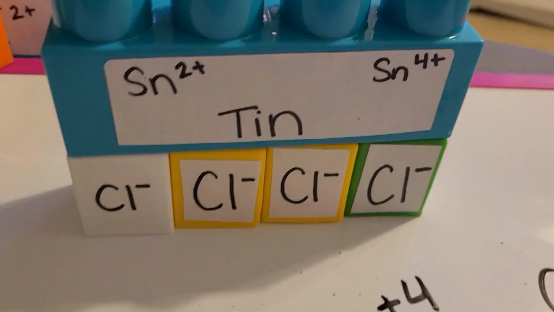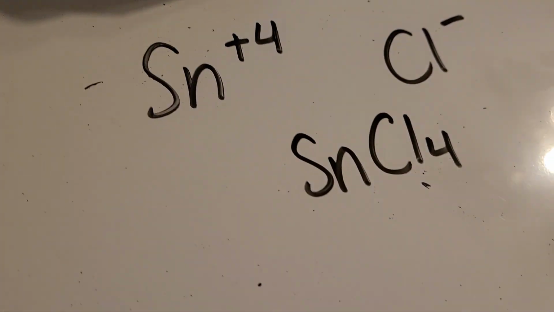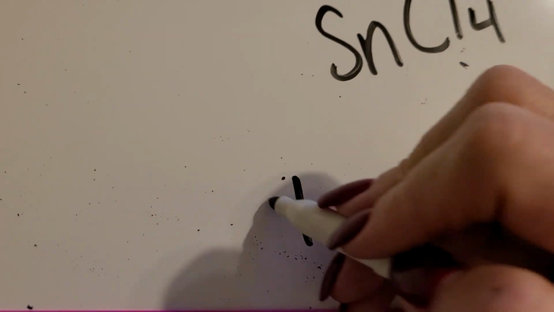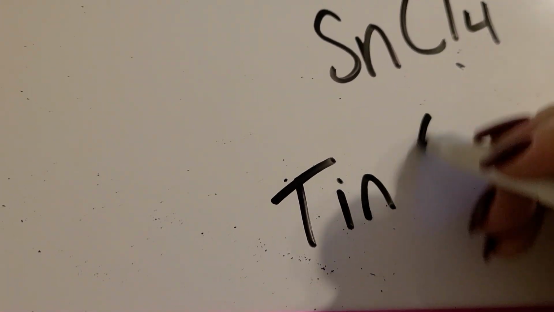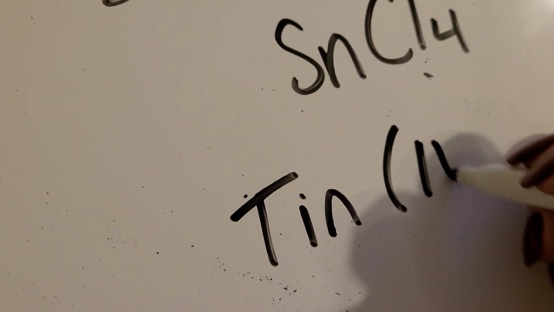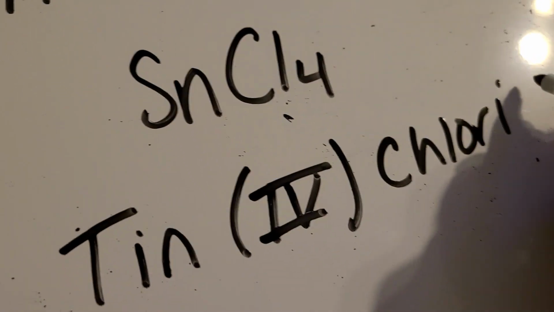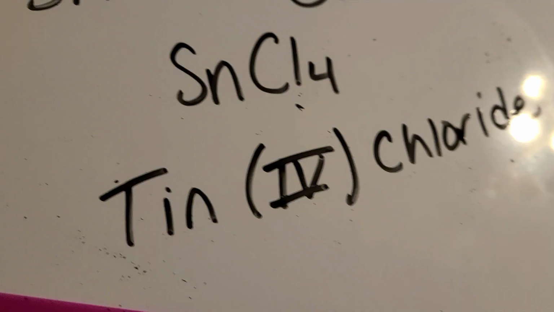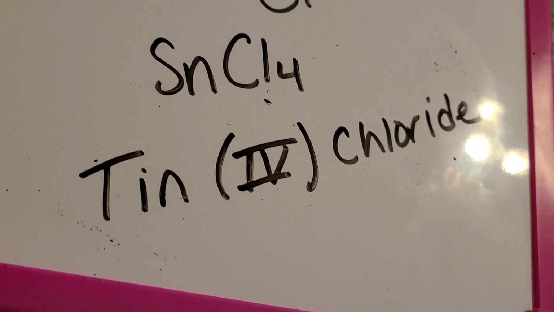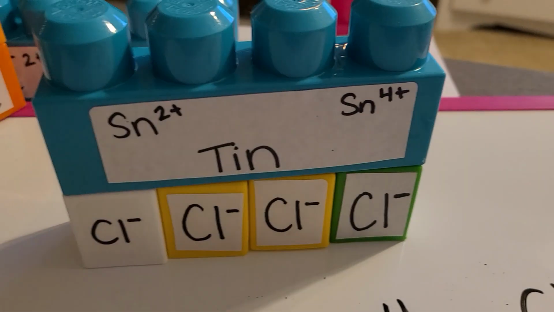So that's what's shown there. And then how do we write this? We would write it like this. Tin, Roman numeral 4, so an I and then a V, chloride. So that one's going to be tin 4 chloride.